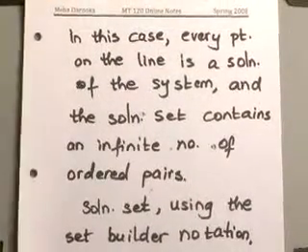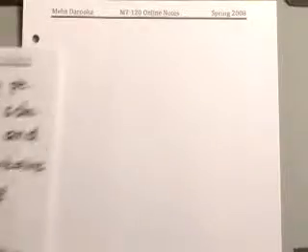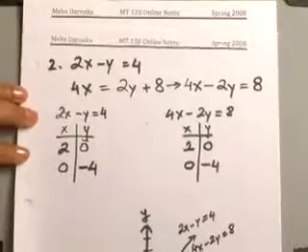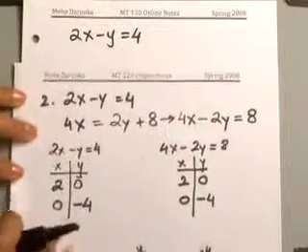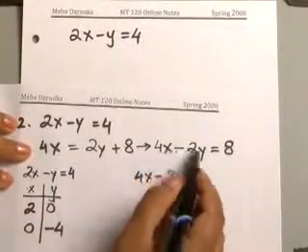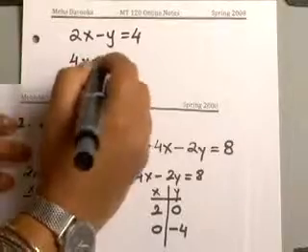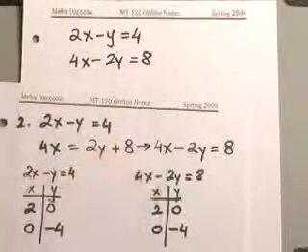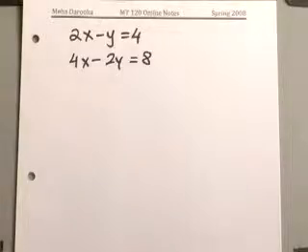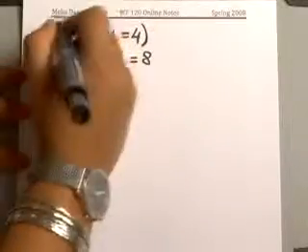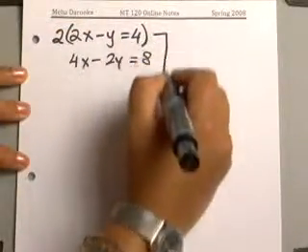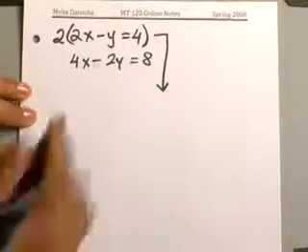Now, there's another thing I want to show you before we move on. Looking back at our two equations here, you had 2x minus y equals 4, okay? And then in the standard form, our second equation was 4x minus 2y equals 8. Now, if I take my first equation and I multiply the whole equation by 2, what will we end up with?